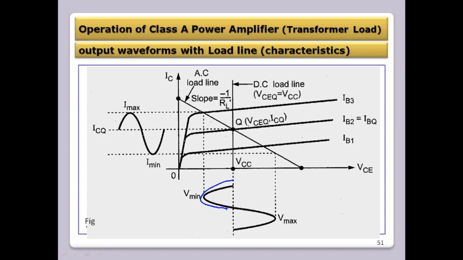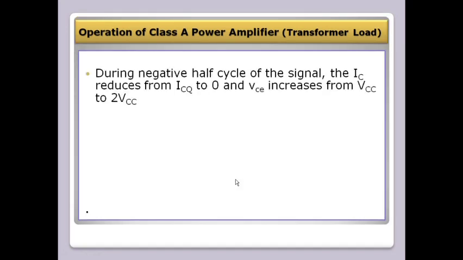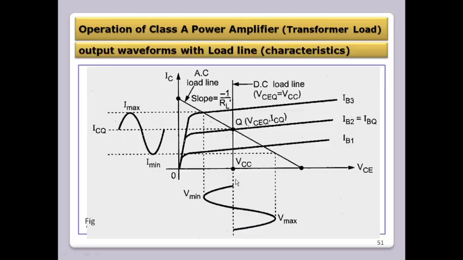And during the negative half cycle, the signal IC reduces from ICQ to 0 and VCE increases from VCC to 2 VCC.